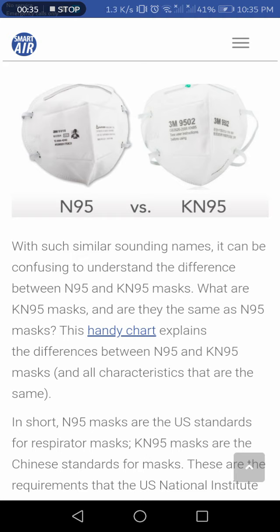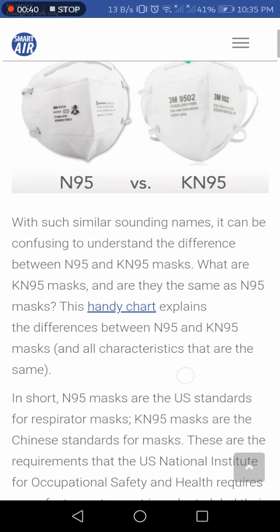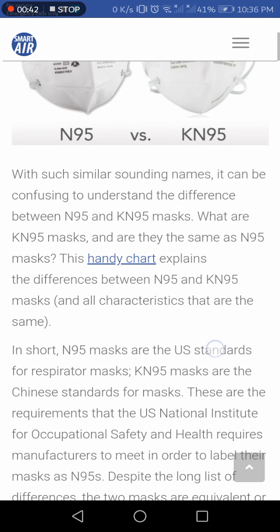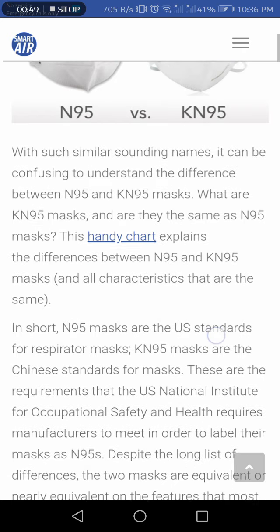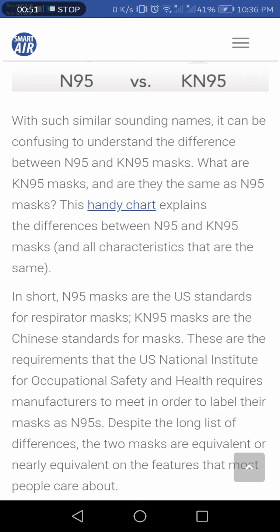This handy chart explains the difference between N95 and KN95 masks and all characteristics that are the same. In short, N95 masks are the US standard for respiratory masks. KN95 masks are the Chinese standard for masks.